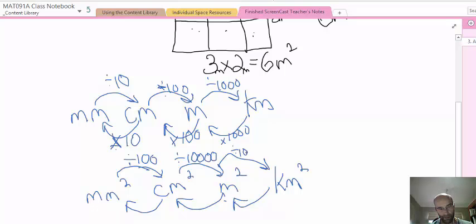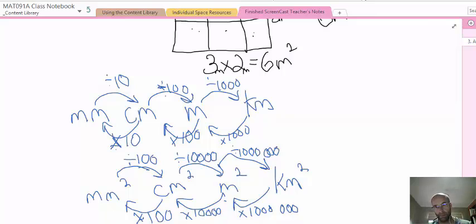The numbers are much bigger. Can you see any pattern? So we're still times and dividing, but that one's, instead of 10, it's now 100. That one, instead of 100, is now 10,000. This one, instead of 1,000, is 1,000,000. That's the story.